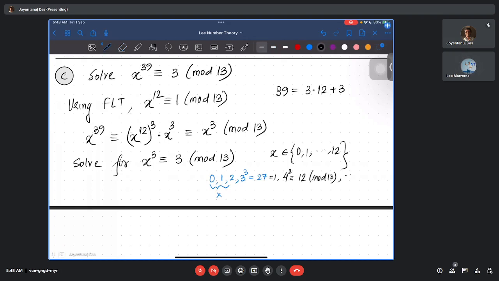Yes. So similarly you can check up to 12. You can check that none of them will work. None of them is 3 mod 13. So you can verify that this has no solution.